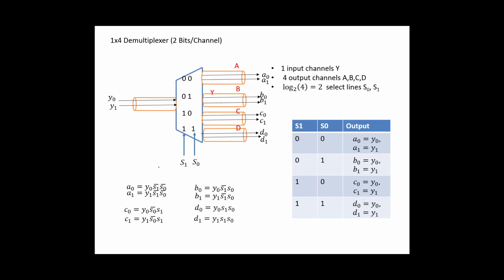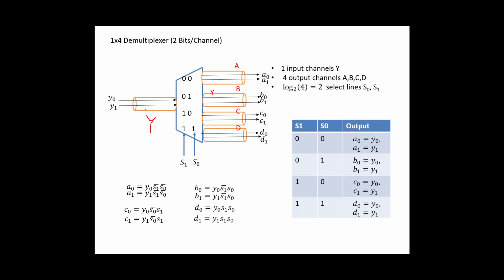So let's demonstrate the construction of 1 cross 4 demultiplexer with 2 bits per channel. We have one input channel Y, which has 2 bit lines Y0, Y1, and we have 4 output channels A, B, C, D with their bit lines denoted as A0, A1 up to D0, D1.